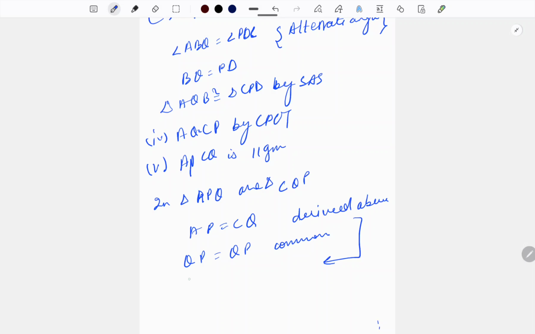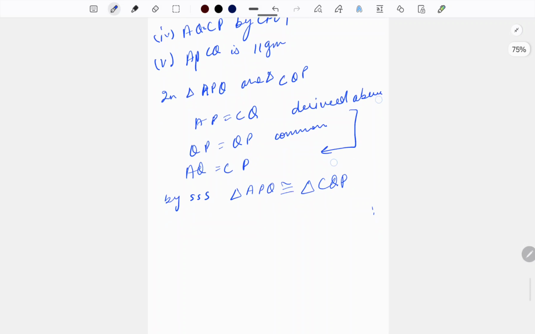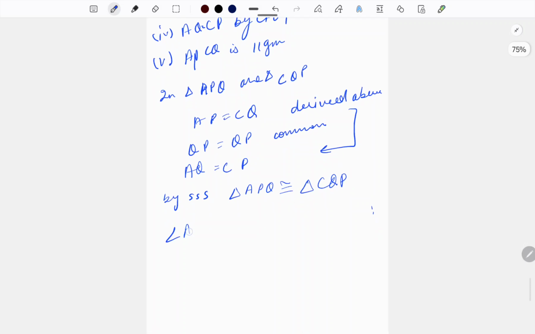This again will be derived above as AQ is equal to CP, and therefore by SSS triangle APQ is congruent to triangle CQP, and therefore angle A is equal to angle C by CPCT.